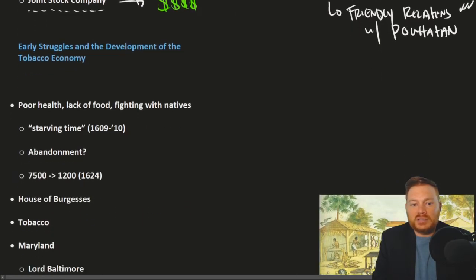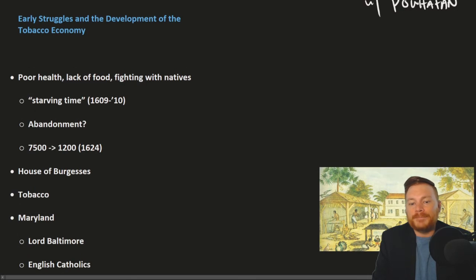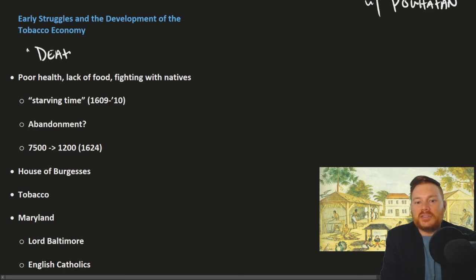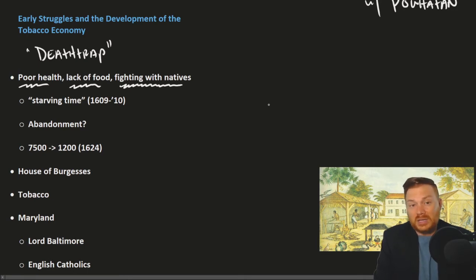But despite its survival, the early years were especially troublesome. Some people have described Jamestown as a death trap, and that is not an exaggeration. Poor health, lack of food, fighting with the Native American population despite efforts by John Smith to maintain peaceful relations. Fighting was always a problem.